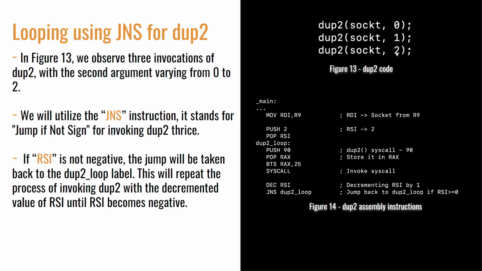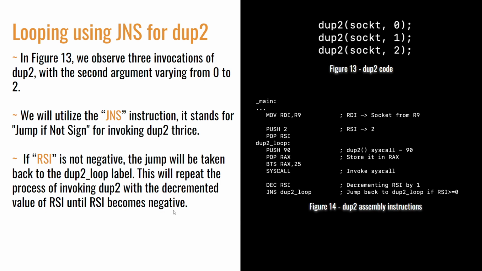So rather than invoking this syscall and updating the second argument value again and again, we will do a loop using the JNS instruction, which stands for jump if not signed, for invoking dup2 thrice. So what does this instruction usually do? If RSI is not negative, the jump will be taken back to the dup2 loop label. This will repeat the process of invoking dup2 with the decremented value of RSI until RSI becomes negative.